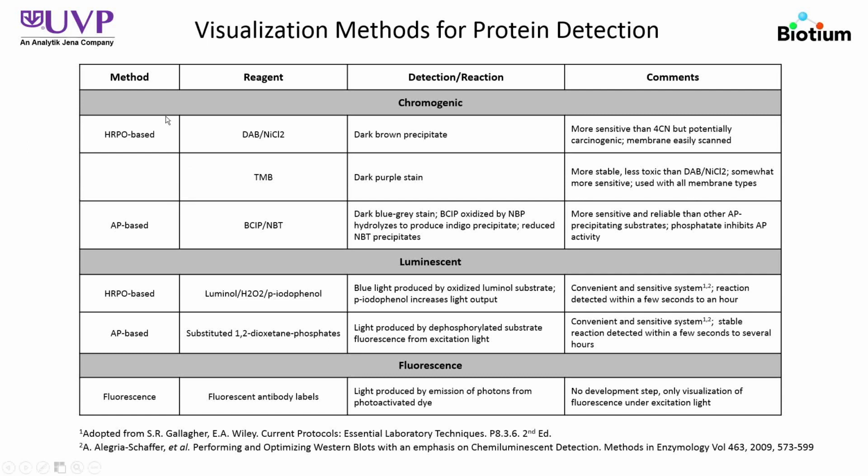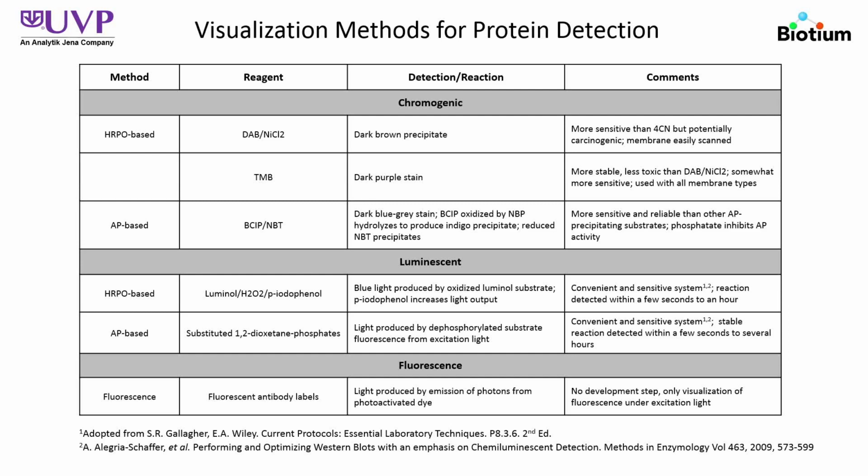Chromogenic development is still a popular and straightforward method for developing a protein blot because it is simple, deposits a colored reaction product on the membrane and can be visually inspected, producing a dark brown, dark purple, or blue-gray stain depending on the enzyme used.